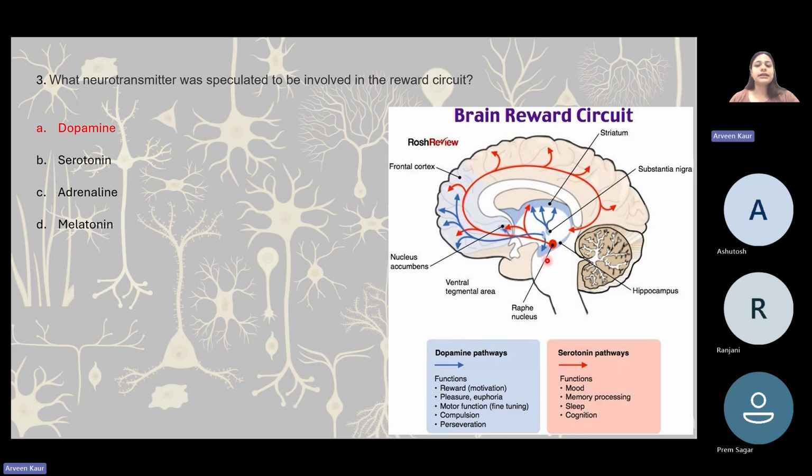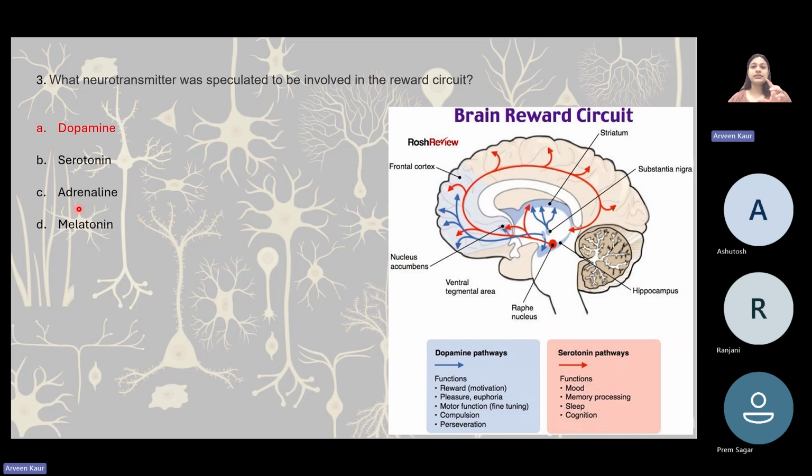Also, in this circuit, there's serotonin that plays a role, although it is more commonly known as a happy hormone. Its functions are to stimulate the mood, the memory processing, sleep, as well as cognition, more than motivation per se. Serotonin also we have discussed over here. Apart from this is adrenaline.